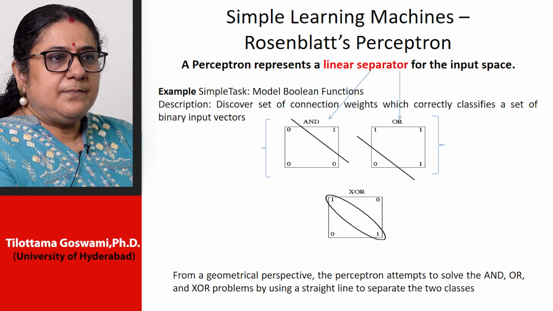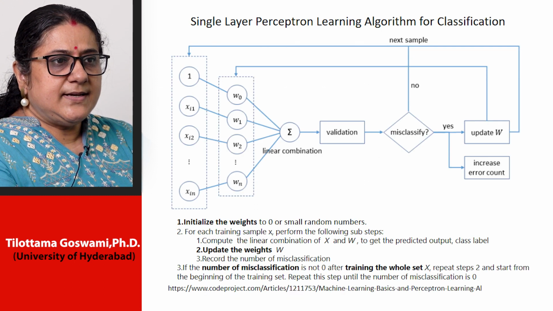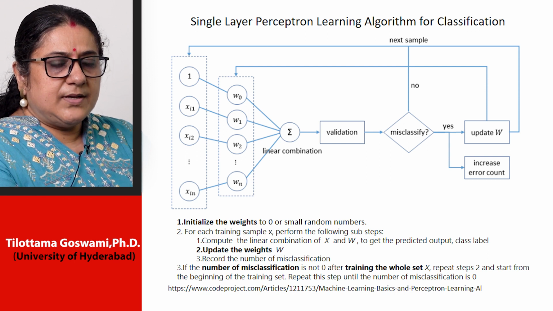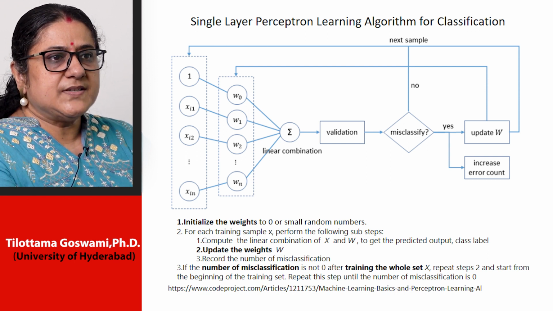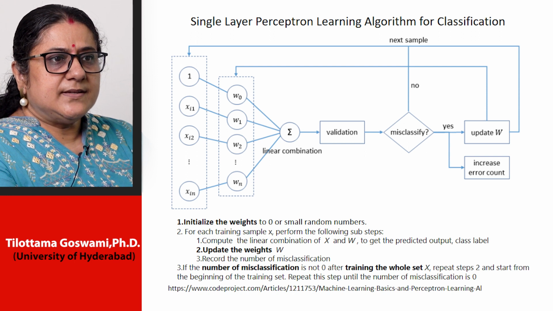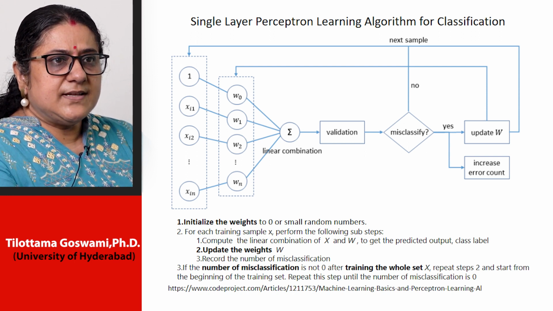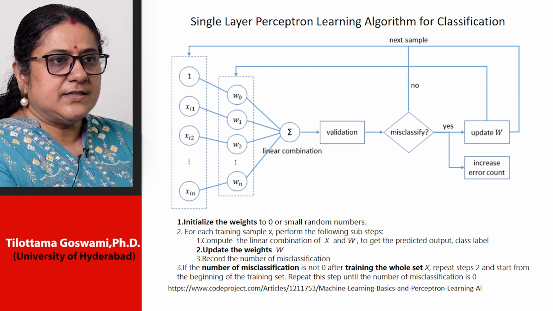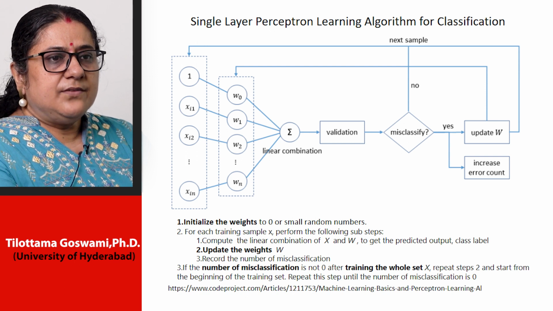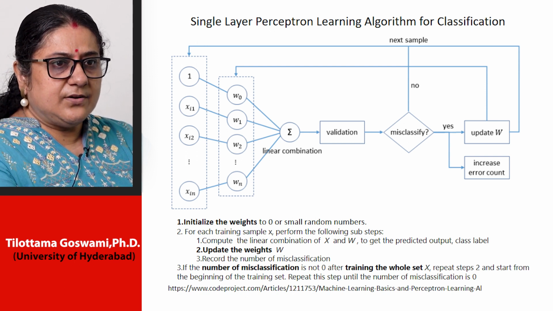How does the learning happen? If we see it diagrammatically, on the left-hand side are the weighted inputs, then a summation is done. Then a decision is taken on whether it is misclassified, yes or no. If it is misclassified, we update the weights, and then again it iterates for validation whether it has been misclassified or not.